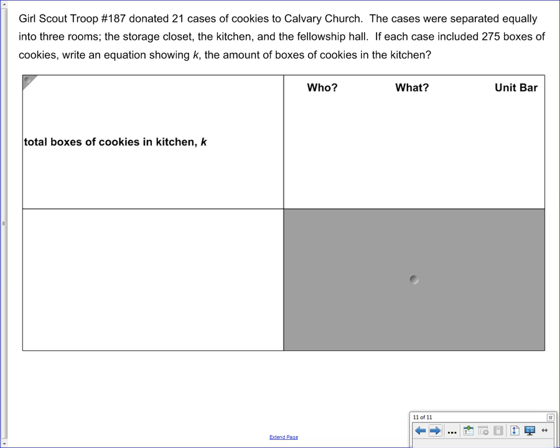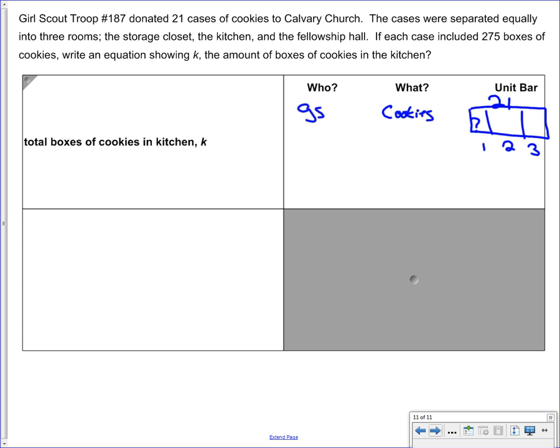Now we're going to reread to go ahead and figure this out. We're going to fill in our details. So we've got the Girl Scouts, and they've got some cookies. And there are 21 cases. Those 21 cases are shared equally between those 3 rooms.